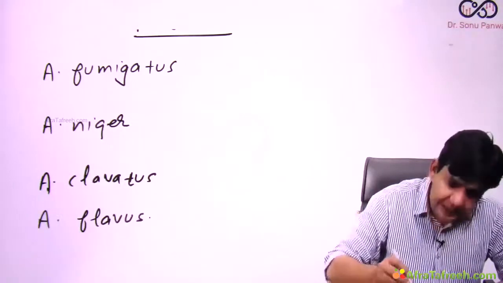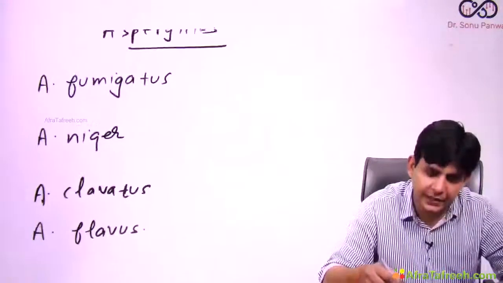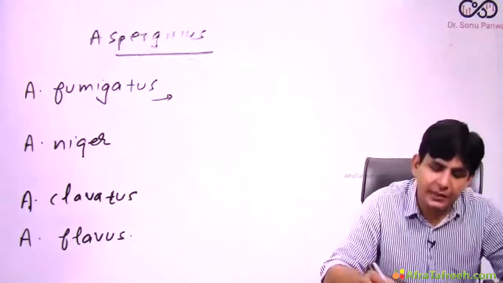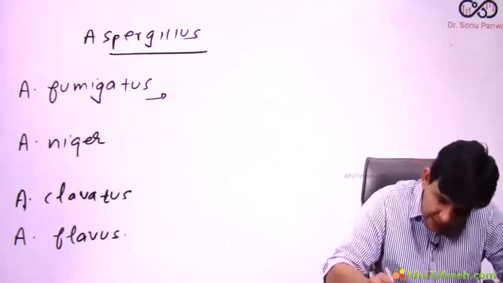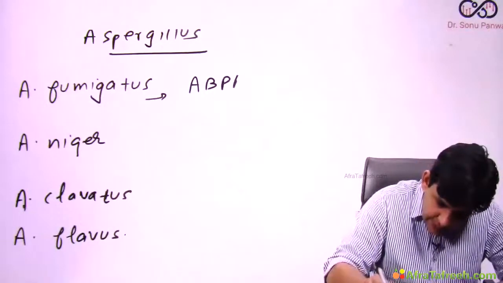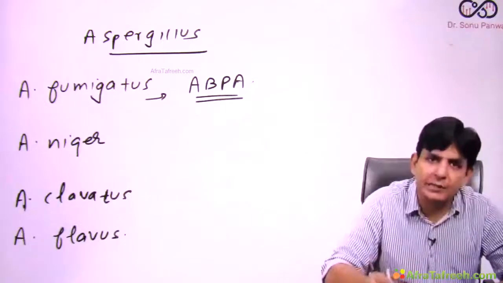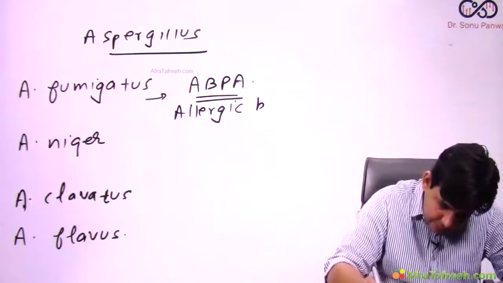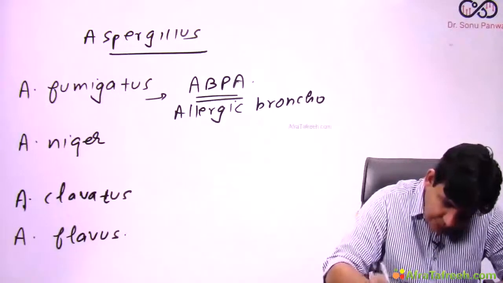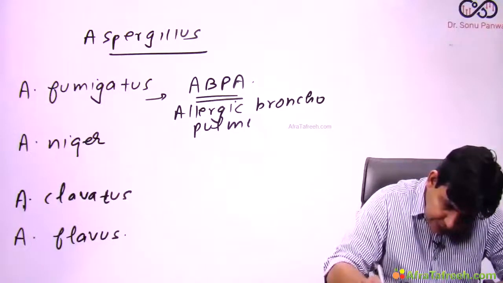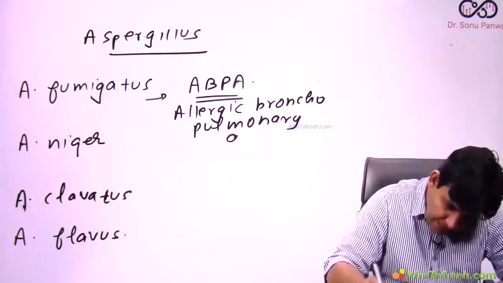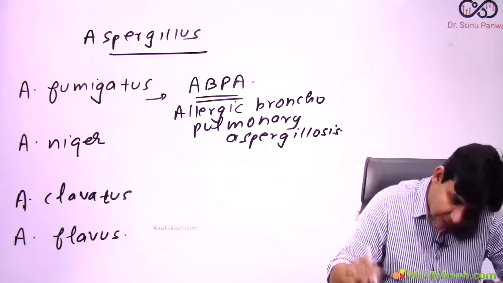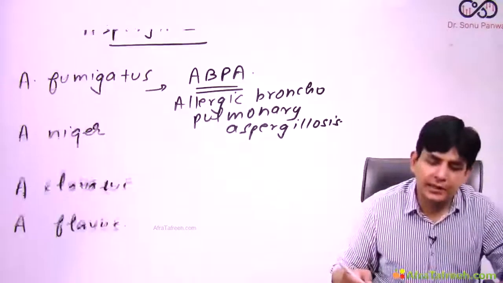Aspergillus fumigatus leads to what? It leads to ABPA. And what is ABPA? Allergic bronchopulmonary aspergillosis. Okay, this leads to ABPA.